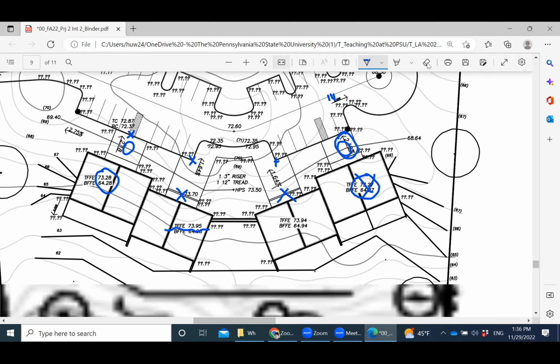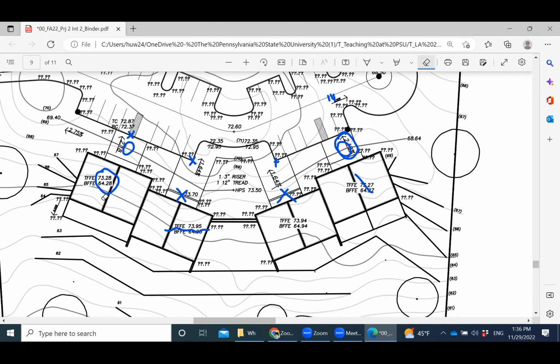And then these two are okay because you can add steps, right? I'm not convinced that you need to make this one that high. This one, if you can make it 71, 72, it might be enough to even create the walkout basement there. So that one looks okay, but these two, let's remove the steps and see what the FFEs will be.